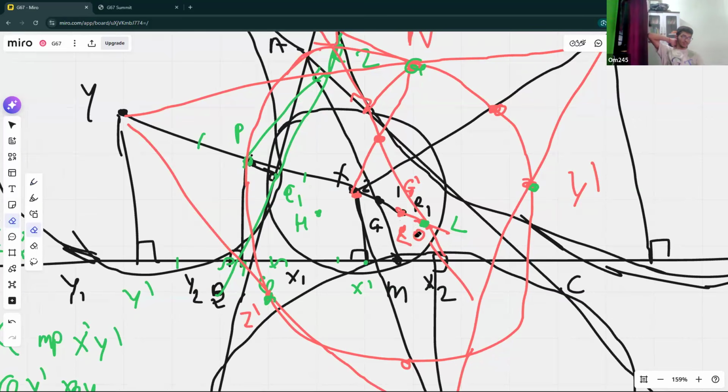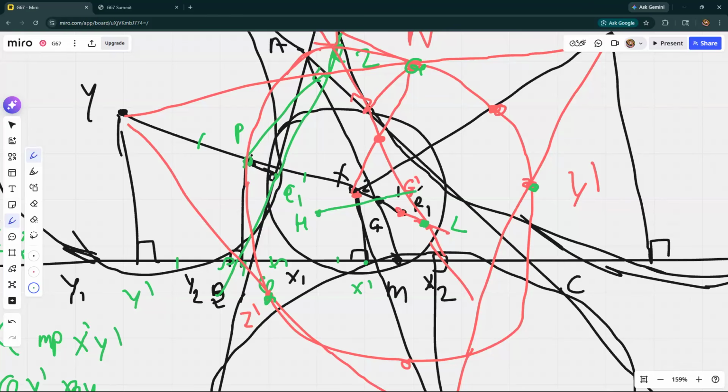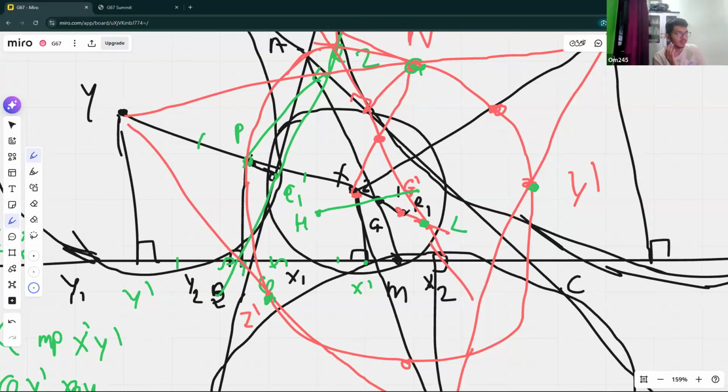Wait, give me a second. If H is the orthocenter and P is also the circumcenter of YZT, the big one, I claim that HL should be equal to LP.